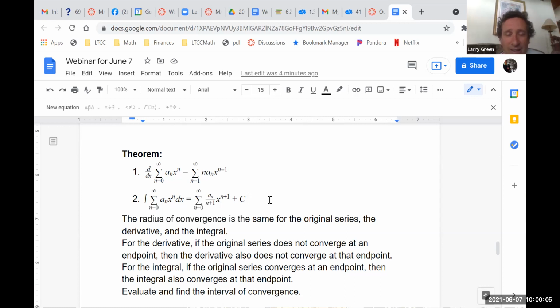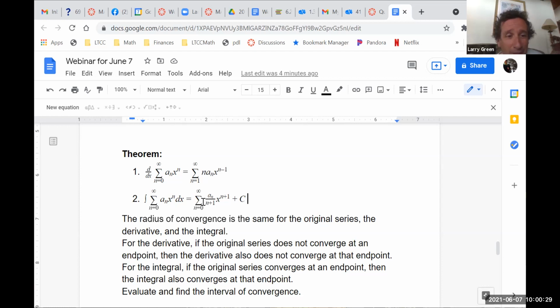Does it look easy? Yeah, so with integration, there's no issue. So it should look easy.